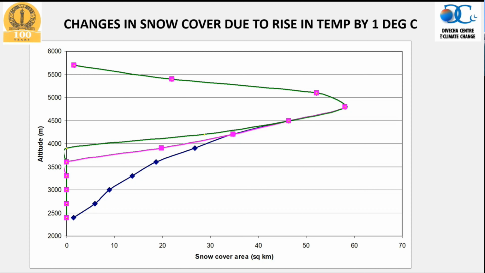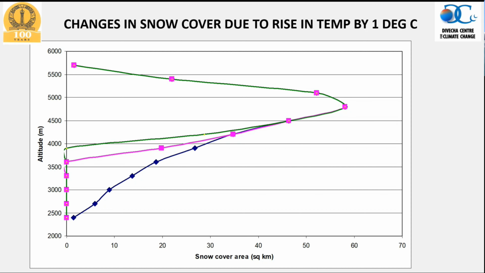And then what will happen is, as there is a 1 degree rise in temperature, if you presume that the snow line is representing the 0 degree isotherm, that means you can add the lapse rate, and there will be an increase in temperature. As there is a 1 degree increase in temperature, there will be a rise in the snow line.